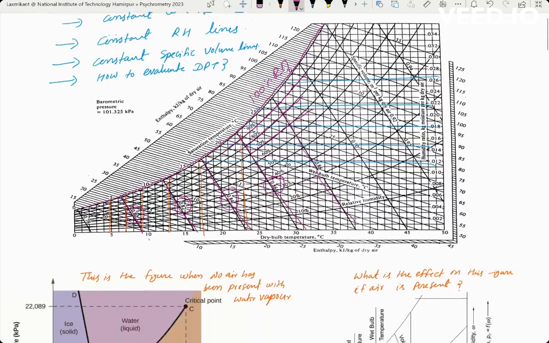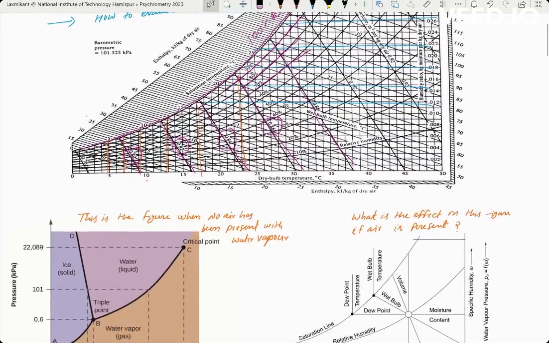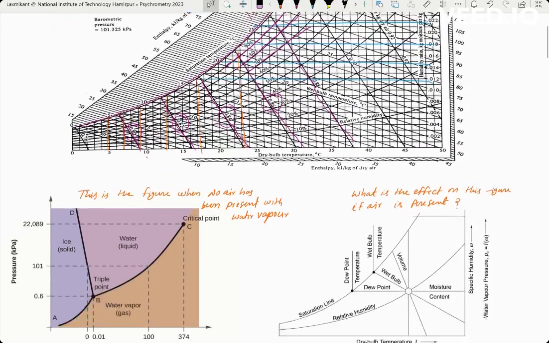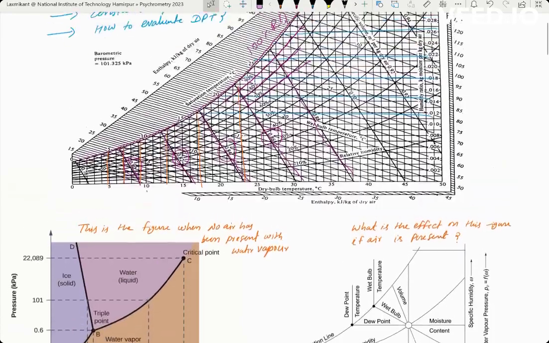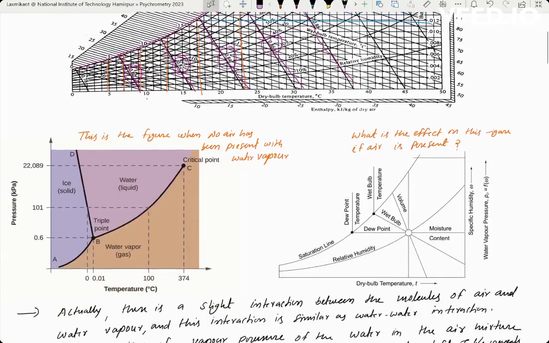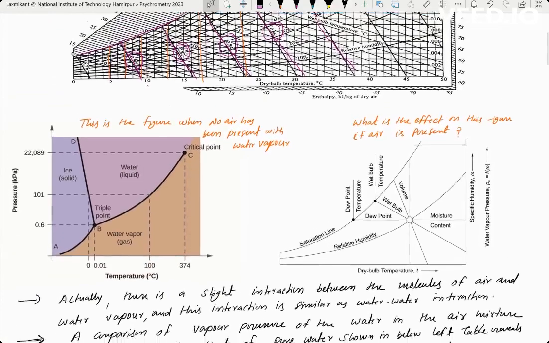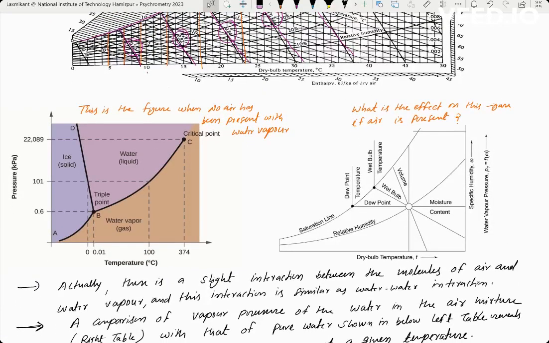Before drawing these property lines, first we will study how the shape of the psychrometric chart is developed. Basically, in this psychrometric chart we are indicating the properties of moist air, and moist air has two parts: the dry air part and the water vapor part.